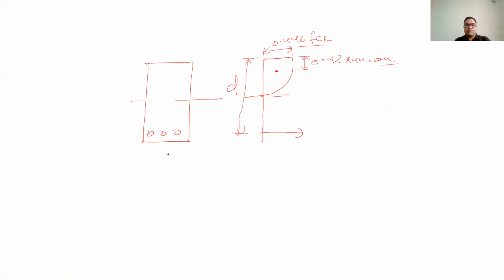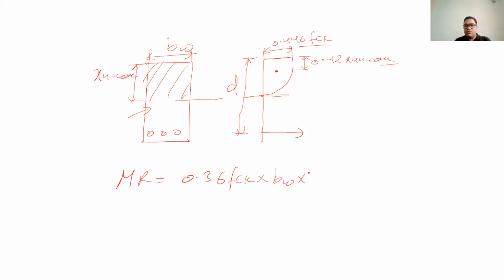In this scenario, the moment of resistance from the concrete side, we can write MR as 0.36 FCK multiplied by the area, because this area is active. So this is BW and this one is XU max. So it is 0.36 FCK BW into XU max. This becomes stress into area multiplied by lever arm.